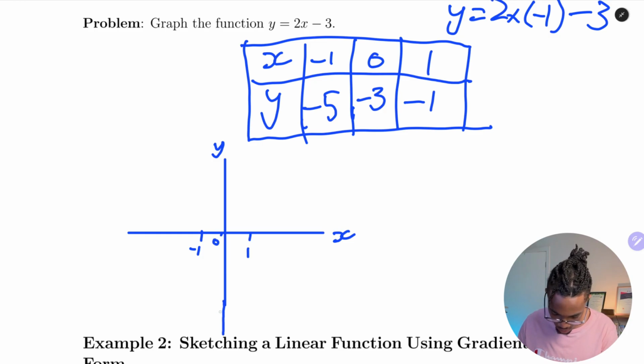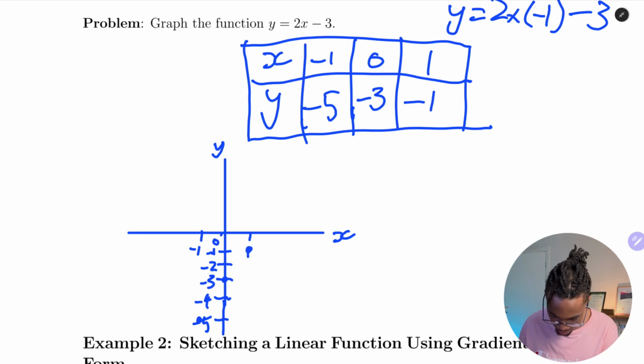Going down here, we have -1, -2, -3, -4, -5. And then we just plot the points in. So at x of -1, we have y of -5. When x is equal to 0, y equals -3. When x equals 1, y equals -1.